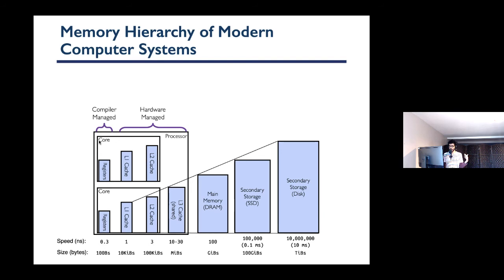So these are managed by the hardware, as we talked about when we were talking about cache coherence. Then you have the memory, the SSD, and your hard disk drive, and so on and so forth. The permanent storages afterwards are usually managed by the software or operating system.